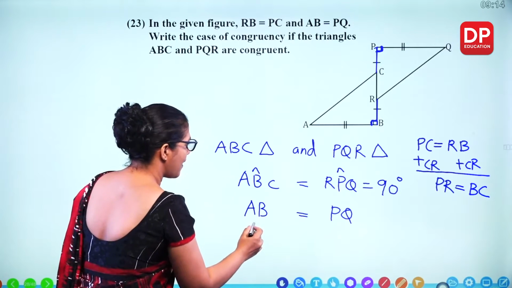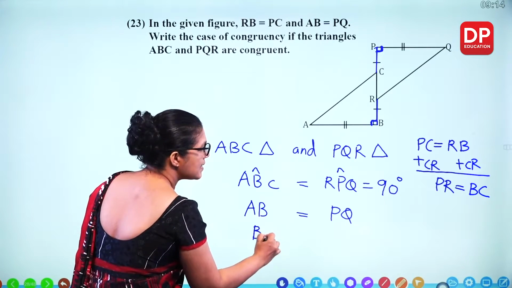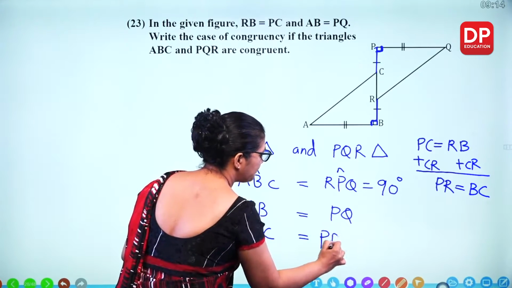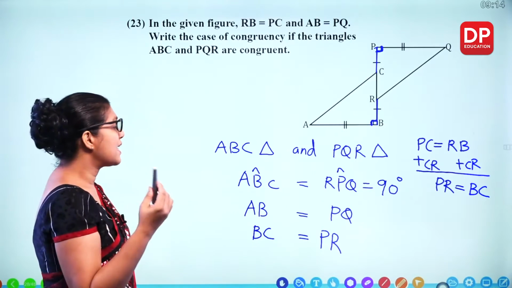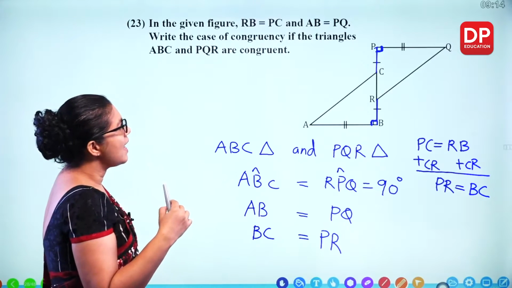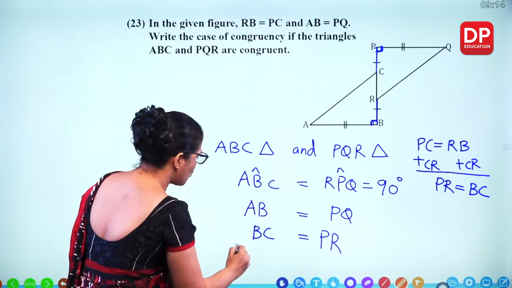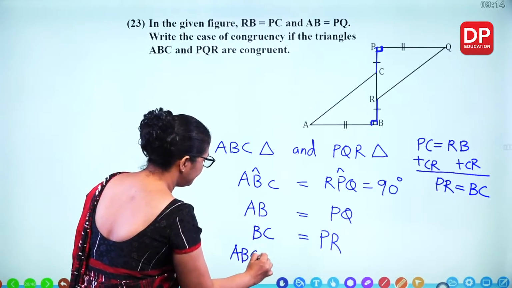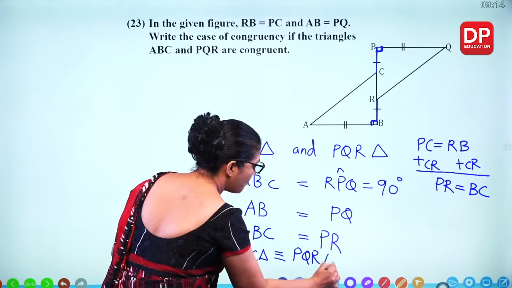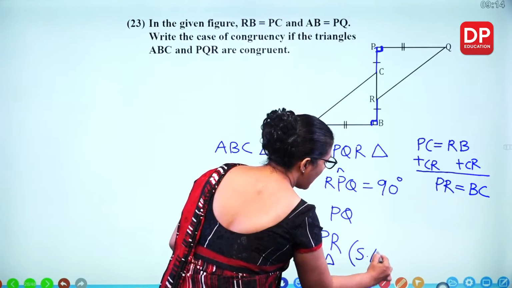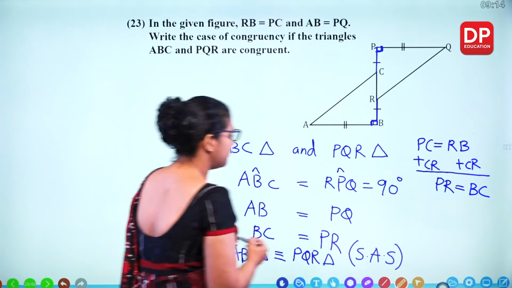So I can write BC is equal to PR. Two lengths and included angle. So what's the case? Side, angle, side. So these two are congruent because of side, angle, side.